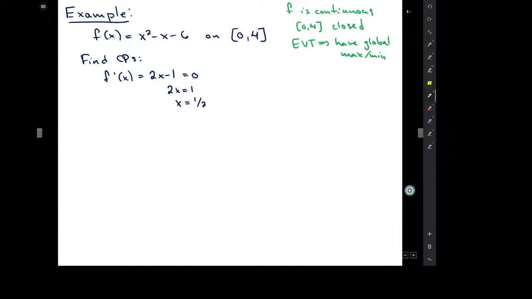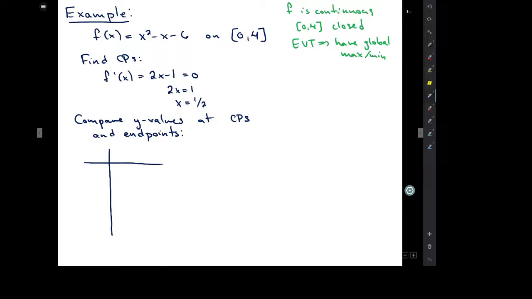And so now we compare the y values at critical points and endpoints. This is literally just taking those x values and plugging them into my function f of x, which in this case is x squared minus x minus 6.